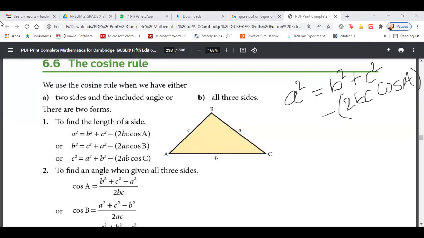Quickly, I stop share. I am not sharing anything, I'm stopping the screen share. Quickly write down the formulas for B square and C square. Write them yourselves quickly, and then we will check whether your formulas are correct or not.